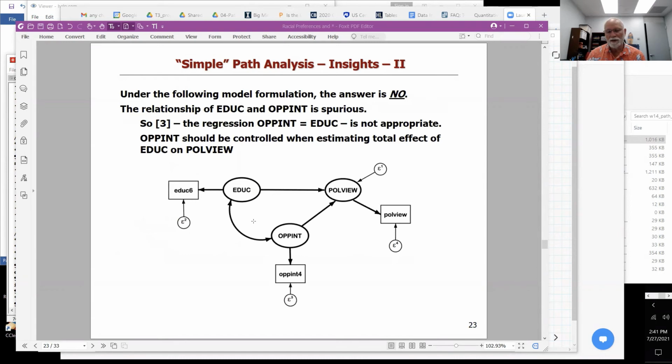If we imagine a curved arrow here, if we assert a curved arrow, we're asserting there's no causal connection between those two. So the entire effect of education on political view is embedded in whatever coefficient comes out of this regression.